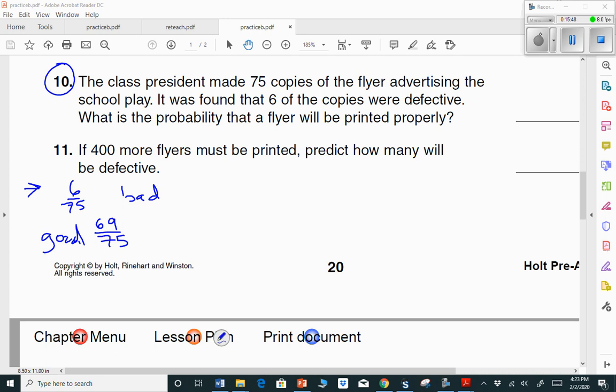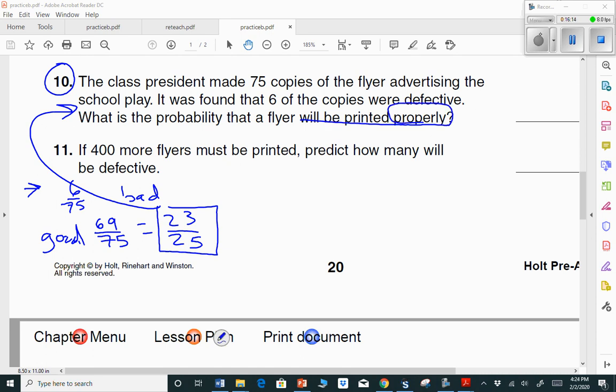Now, can that be reduced? It sure looks like it to me because I think there's a factor of 3 in there. But you can use your calculator for that. You put in 69 fraction key 75 equals, and it comes out to 23 over 25 is the probability that a flyer will be printed properly.